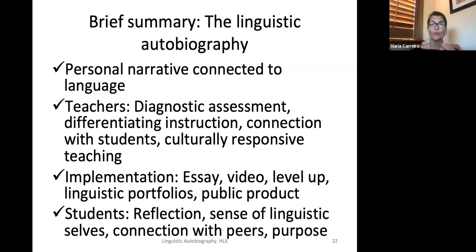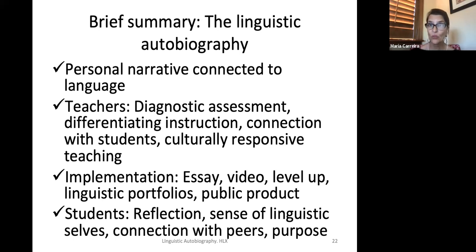You can think about students producing videos, charts, etc. You can also use it to increase language learning, to level up proficiency. You can create linguistic portfolios, which become a growing record of students' linguistic self-awareness. And if you're really ambitious, you can create a public product, such as a book or a collection of videos.